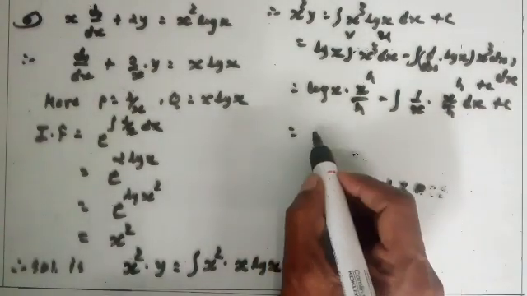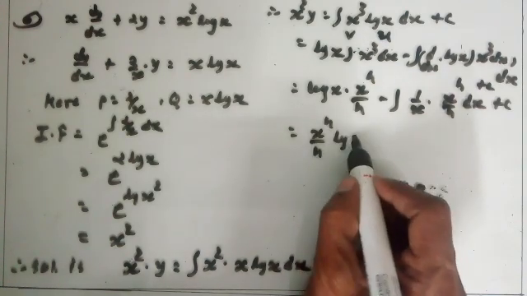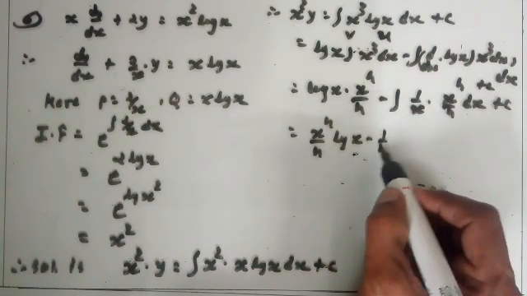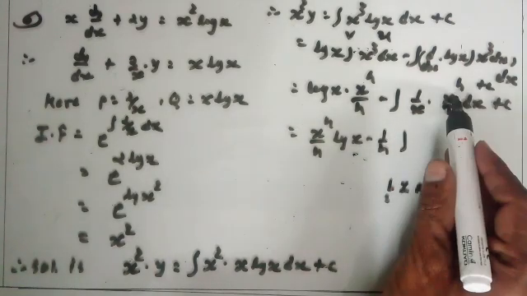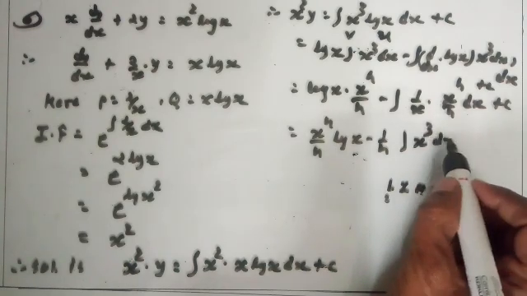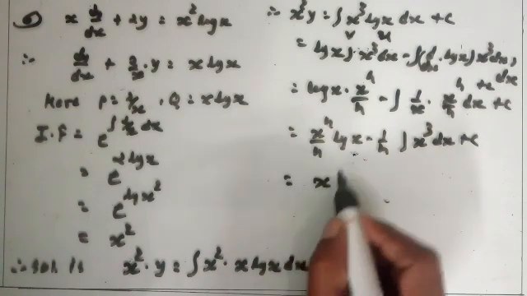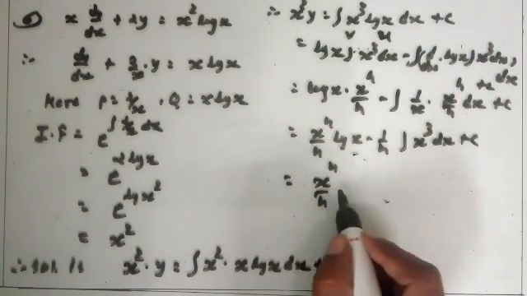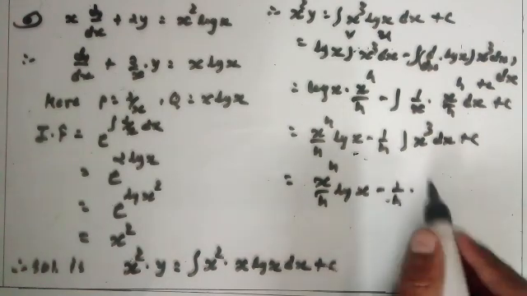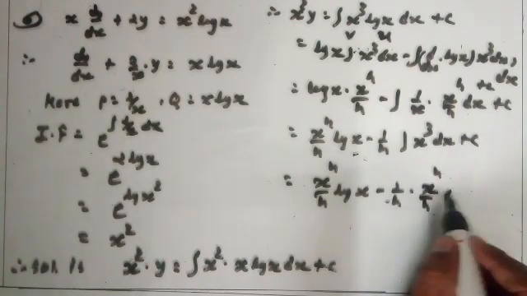So is equal to x raised to 4 upon 4 log x minus 1 upon 4, taking outside, the integration of x raised to 4 upon x raised to 1, that is x raised to 3 dx, plus c. So is equal to x raised to 4 upon 4 log x minus 1 upon 4, the integration of this being x raised to 4 upon 4, plus c.